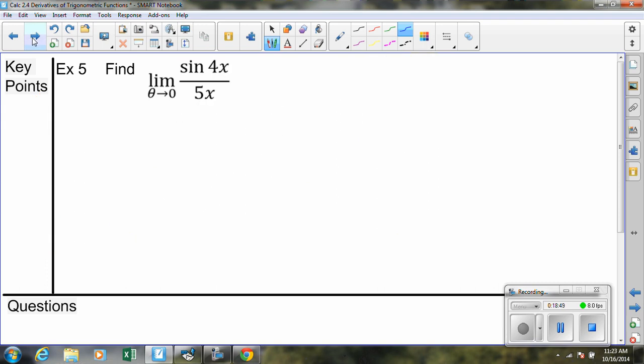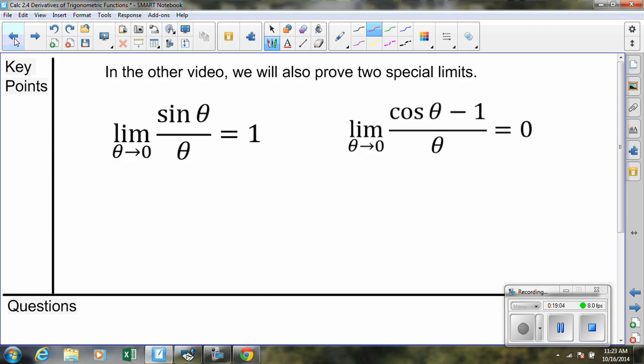Our 5th example. Find the limit as theta approaches 0 of sine of 4x over 5x. This is a piece that is actually using one of the limits that we mentioned. The important characteristic behind this one is noting theta is matching theta.